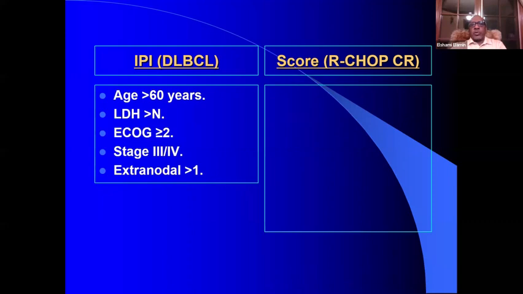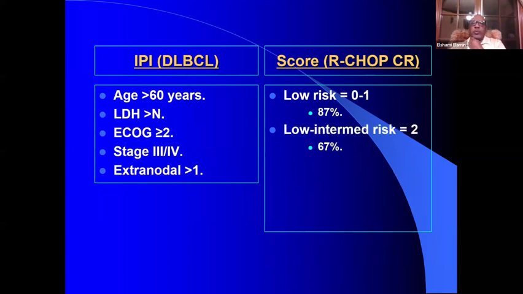So this score actually gives us some idea about the CR, or the remission, with the R-CHOP. For example, a patient with 0 or 1 risk factor on the left side, the CR is 87%. 2 risk factors, 67% CR.